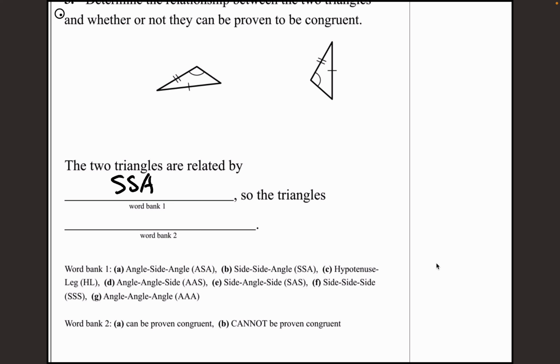Can they or can they not? They cannot. Do you see how that's an example of cannot? Because this is ASS or SSA. Is that one of the 5 we talked about? No. Correct. If it's not one of the 5 we talked about, then it cannot work. All right?